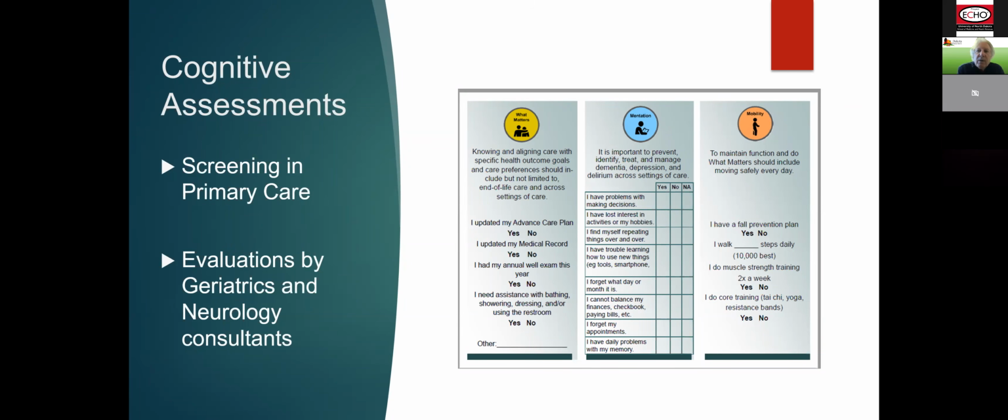So once you have screening from the primary care clinic, there are opportunities then to make referrals and evaluations. So both geriatrics and neurology clinics are the source of a deeper dive into what type of dementia might be occurring. So we always look for reversible causes, right? Things like hypothyroidism, normal pressure hydrocephalus.